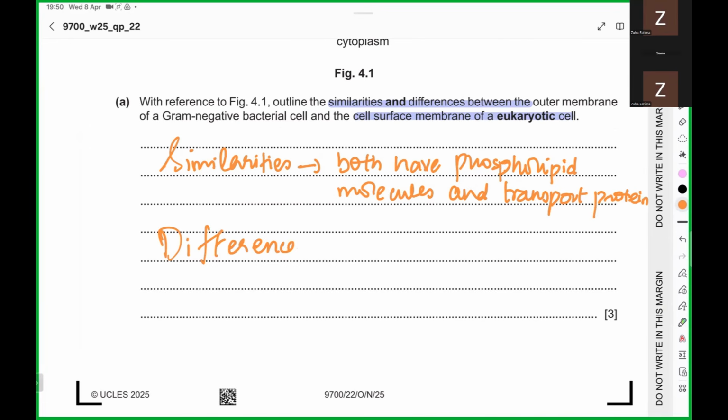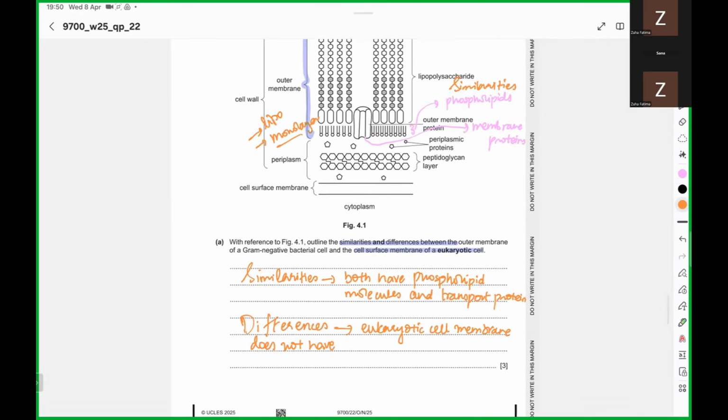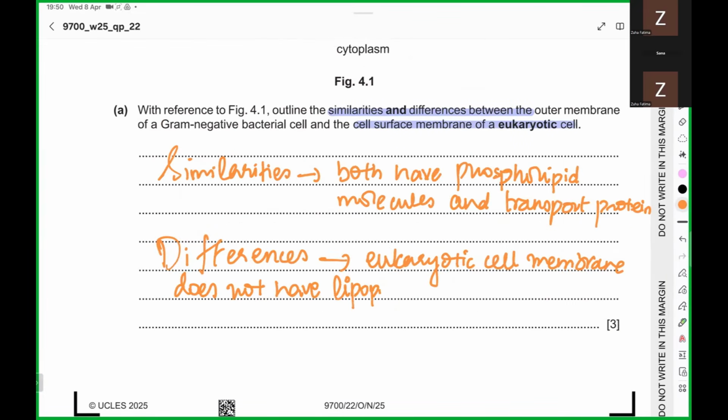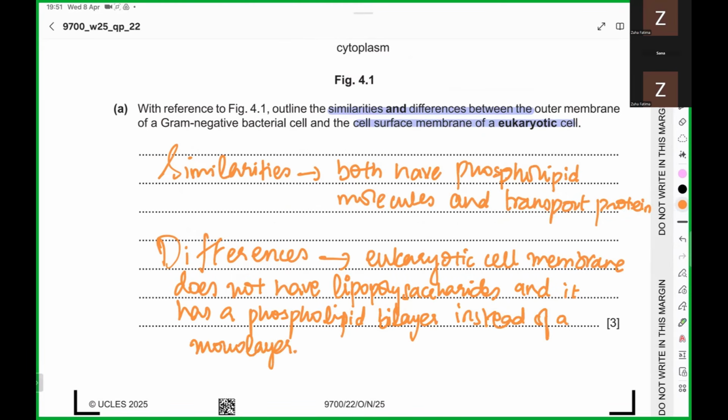Differences would be, eukaryotic cell membrane does not have lipopolysaccharides, and it has a phospholipid bilayer instead of a monolayer.